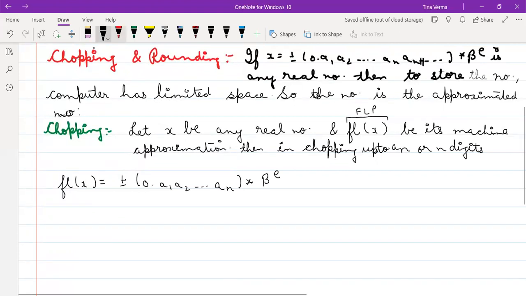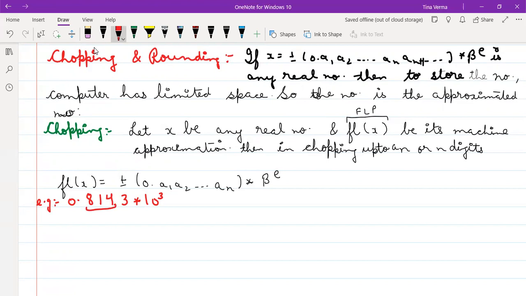For example, if you have the number 0.8143 and you have to consider only 3 decimal places, what will you do? You need only 3 places after the decimal. So the floating point representation of the number up to 3 digits will be 0.814 into 10 raised to the power 3.